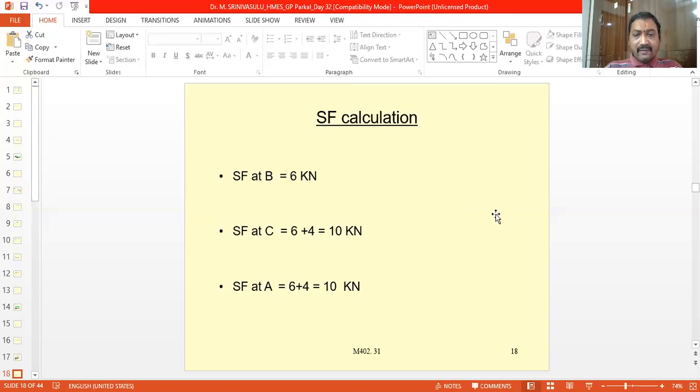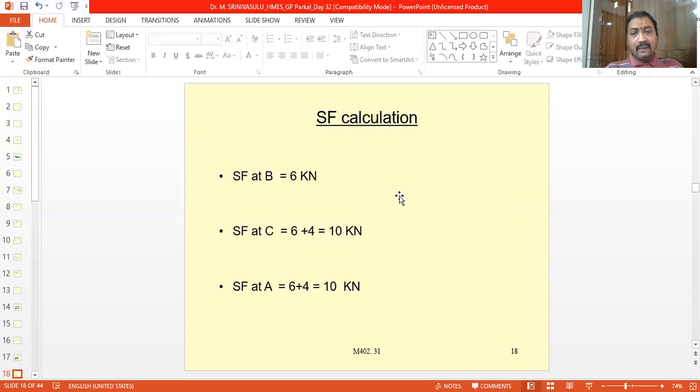Now, first of all, we know the sign conventions. What is the sign convention? For the shear force, the downward force acting to the right of the section is taken to be positive.